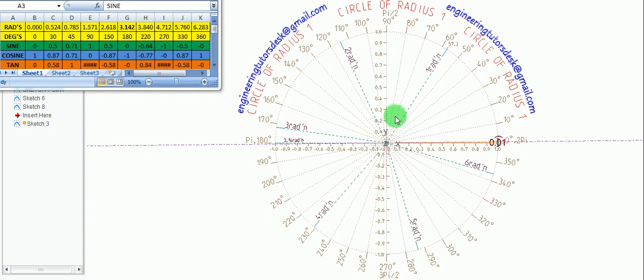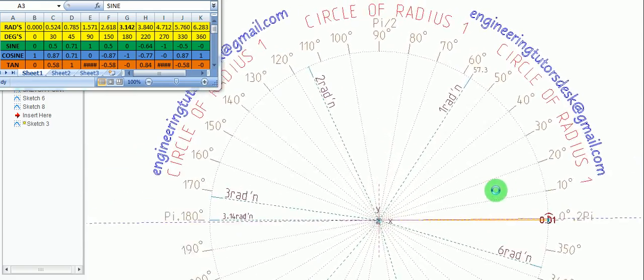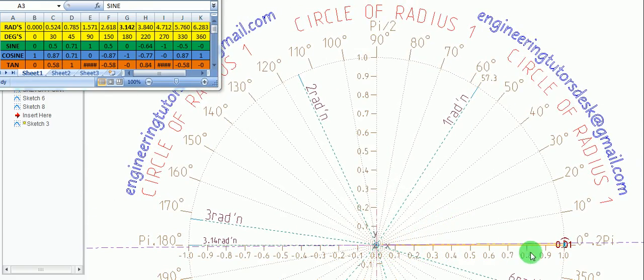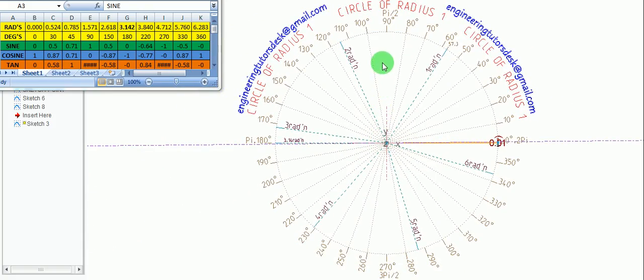The center point of a unit circle coincides with the intersection of the vertical and horizontal axes. The vertical and the horizontal axes are graduated from 0 to 1 in positive and negative directions for both horizontal and vertical axes.